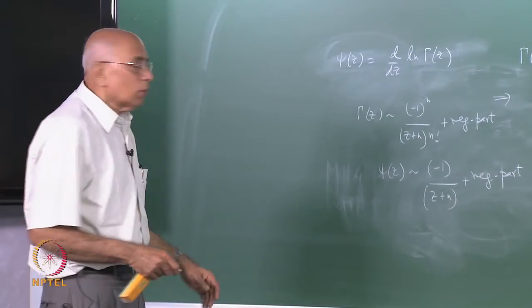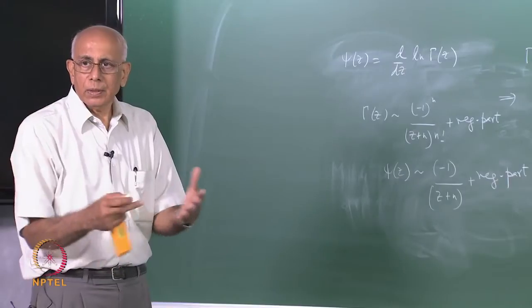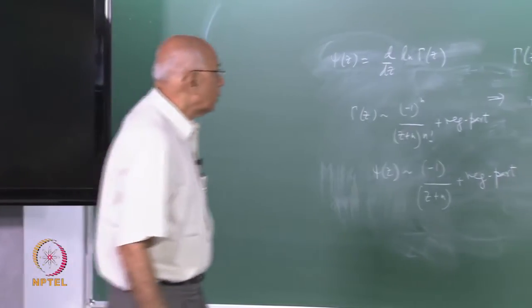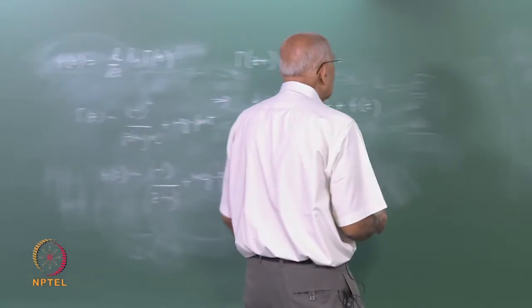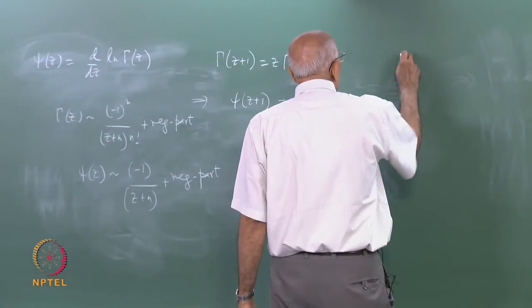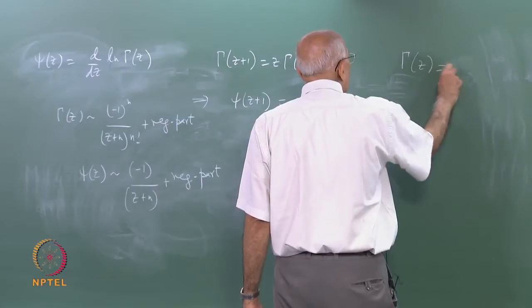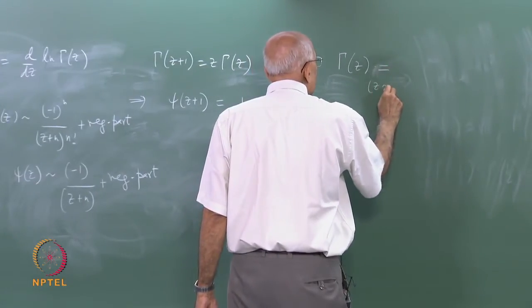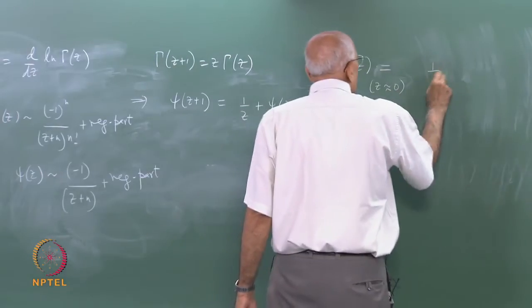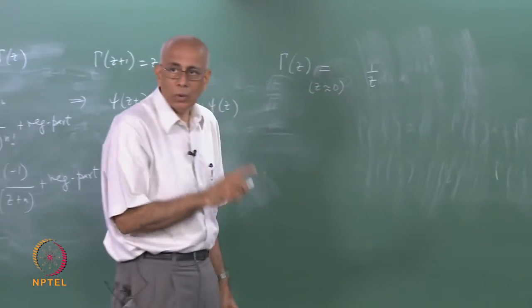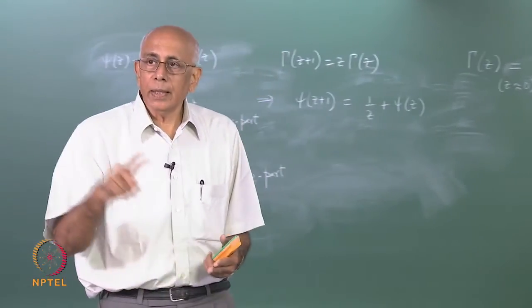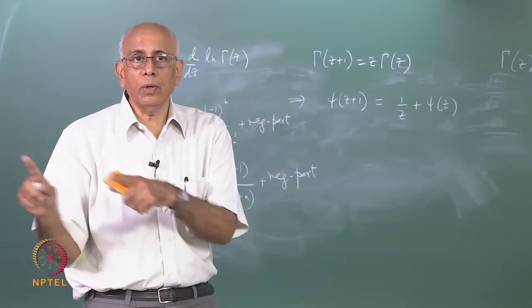Now the question is, what does psi of 1 do, for instance? Gamma of 1 we know is 1, what is psi of 1 equal to? Well, the way to do this, you need a little bit more information. You need to know that gamma of z, near z equal to 0, has a leading term 1 over z, the singular part, and then the regular part, we need to know what the regular part is.